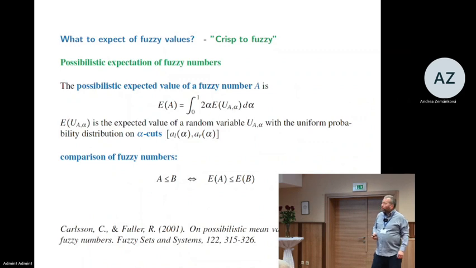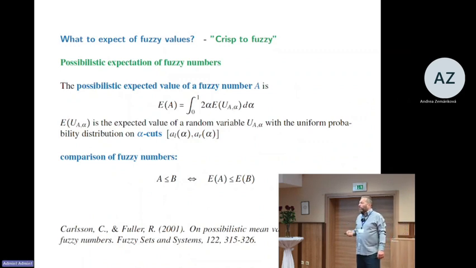So these are actually alpha cuts, and we assume that U_A(alpha) is a uniform probability distribution. So actually, this basically means that A is a fuzzy number or a fuzzy quantity.